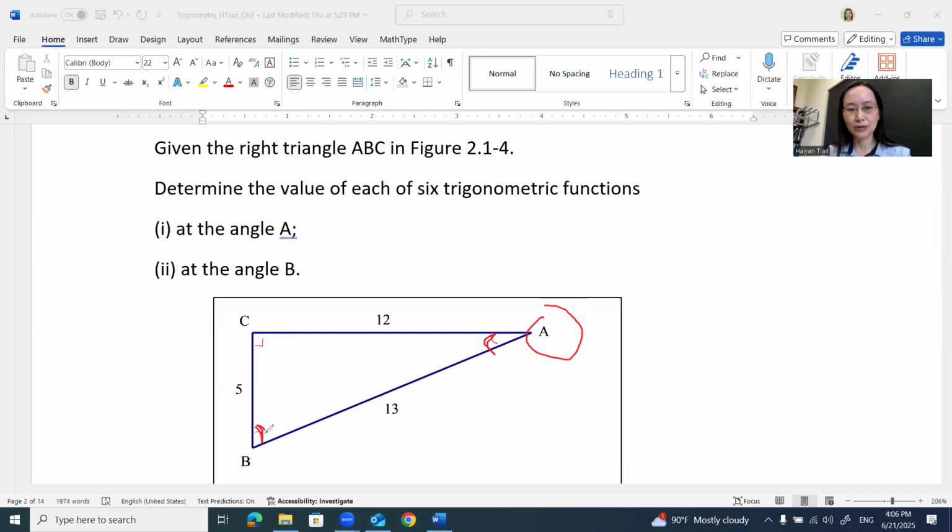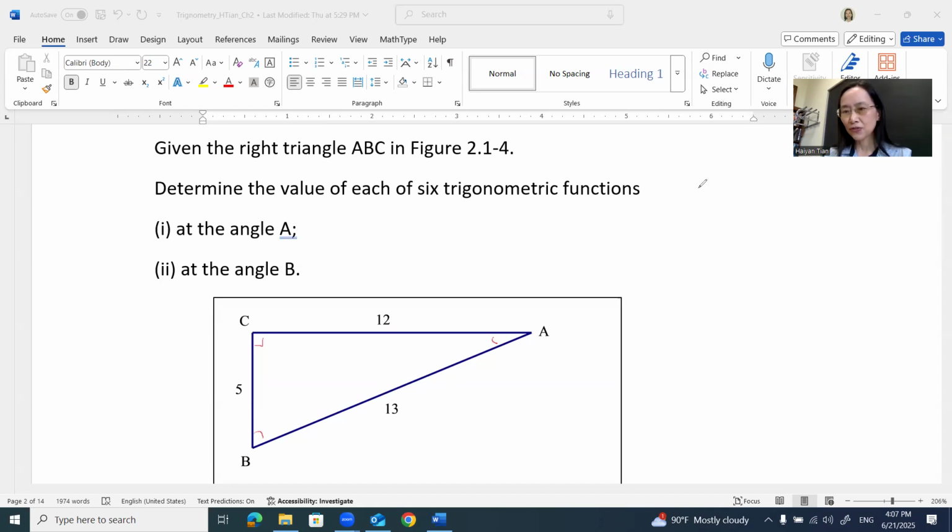B is also acute, but let's focus on A. First, we want to look at this acute angle, and we want to find all 6 trigonometric function values at A.